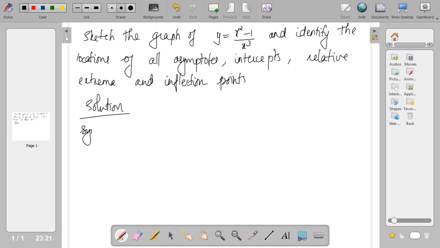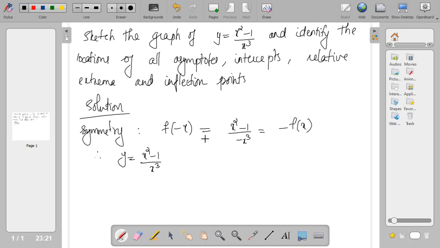So let us start with the symmetry. When you take f(-x), you will get (x² - 1)/(-x³), so that is -f(x). So we have f(-x) = -f(x), therefore y = (x² - 1)/x³ is symmetric about the origin.